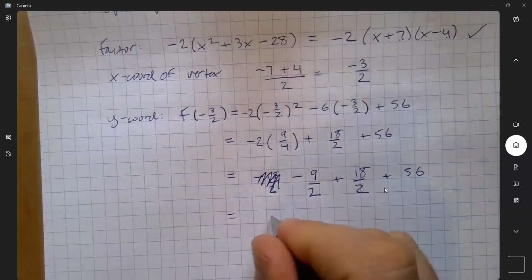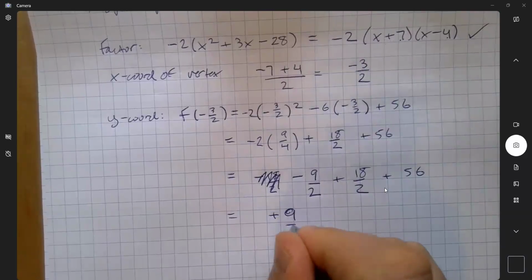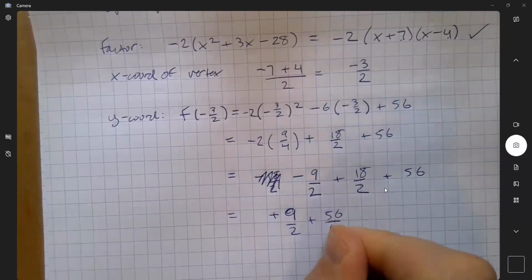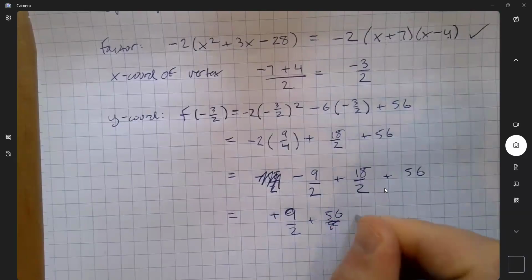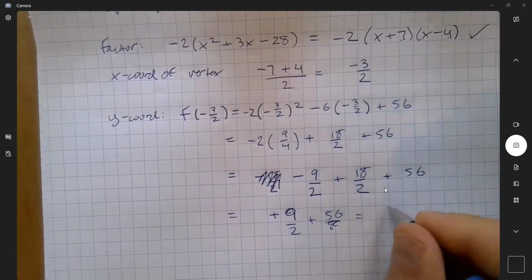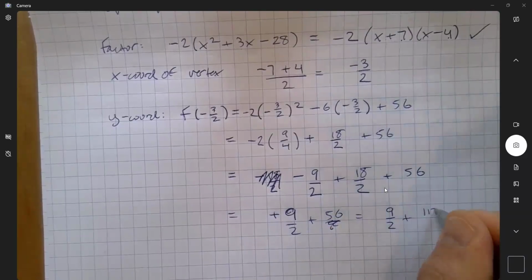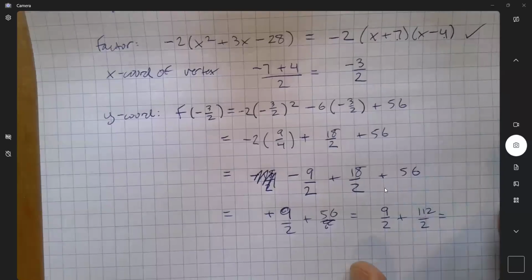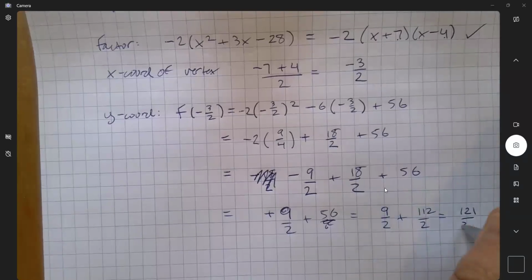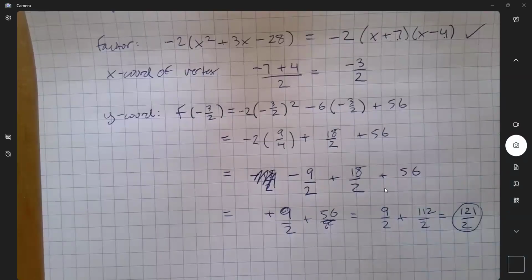Negative 9 plus 18, so that's going to give me a positive 9 over 2 plus 56. And if I'm going to do this by hand, that's 9 halves plus 112 over 2, which is 121 over 2. That's the y coordinate.